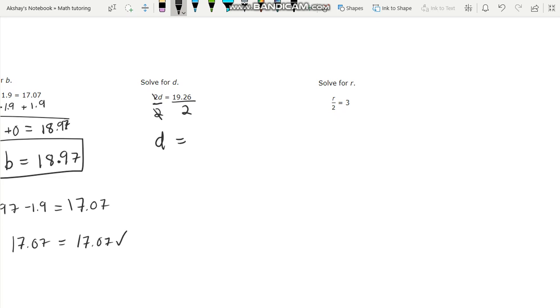All we're trying to do is isolate our variable and cancel out whatever our coefficient is, the number next to our variable. All we want is our variable isolated on one side and our constants on the other side. To do so, in this case, we divide both sides by 2, which gives us 2 divided by 2, which is 1, and 2d divided by 2 is d. 19.26 divided by 2 gives us 9.63. There we go.